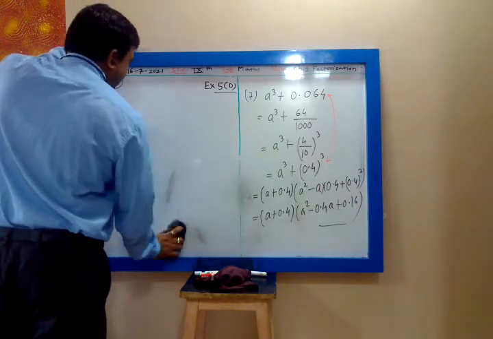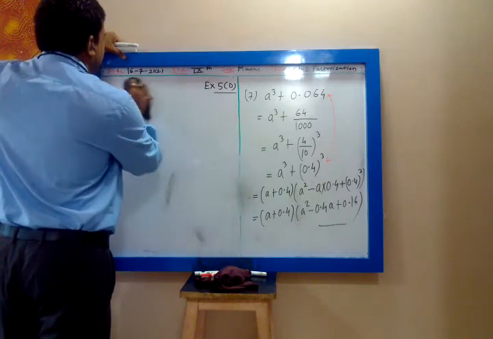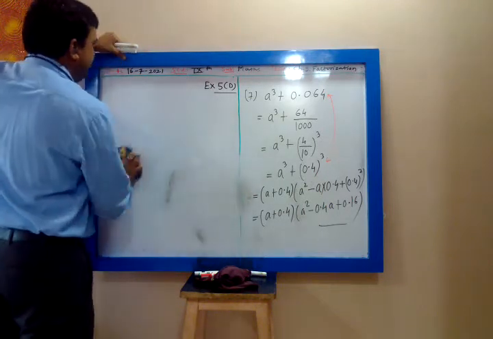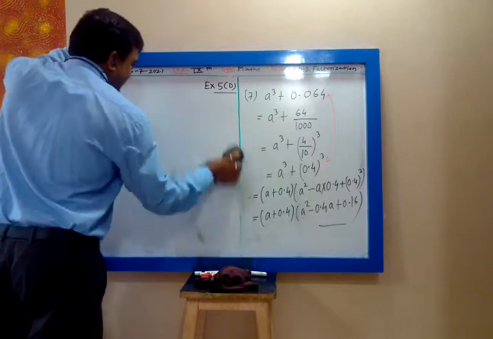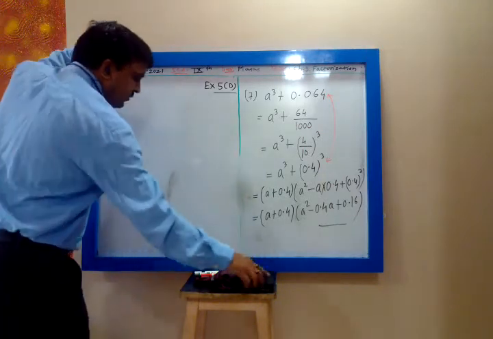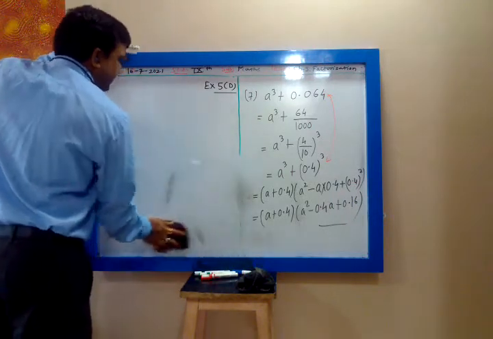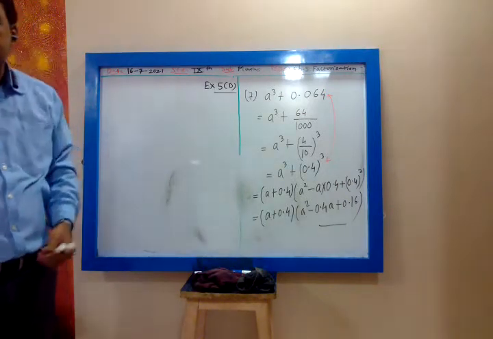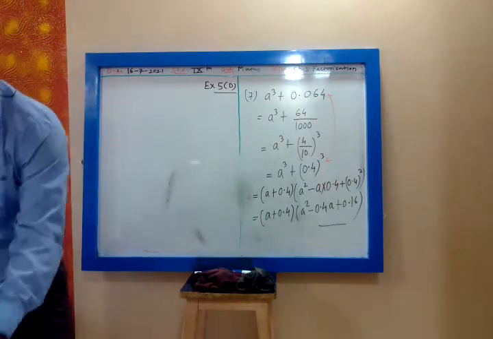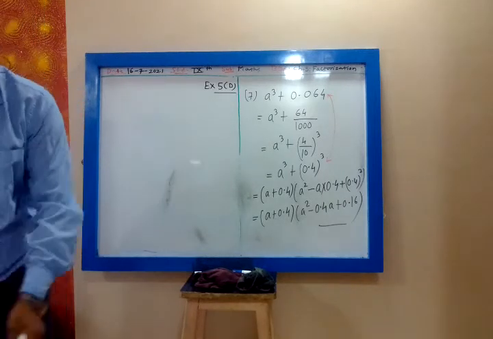Expansion we have already done; in rational numbers and expansion we have already done those types of problems. First you will find x square plus 1 upon x square. Then you will square it again, and you will get x to the power 4. To find x to the power 4, first find x square plus 1 upon x square, then square it again.